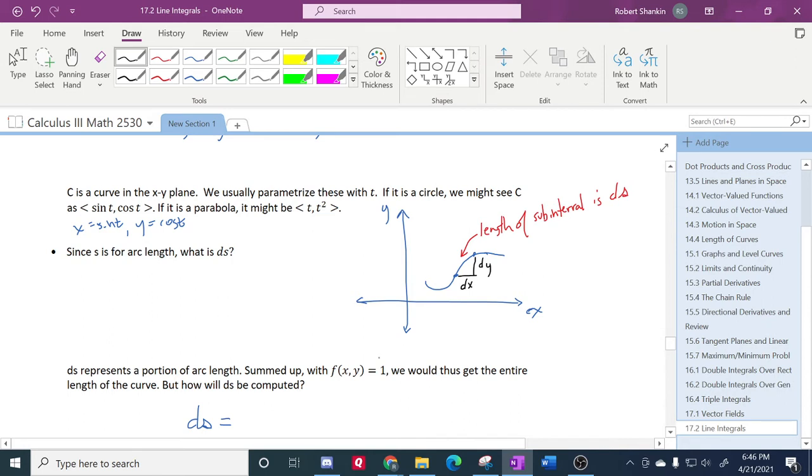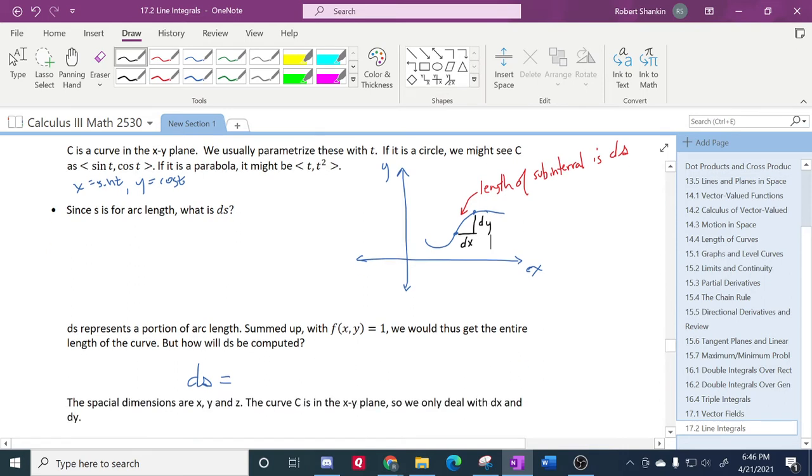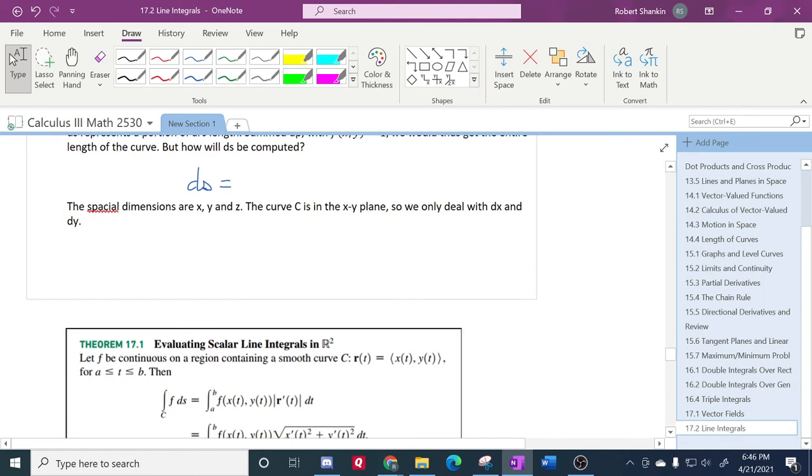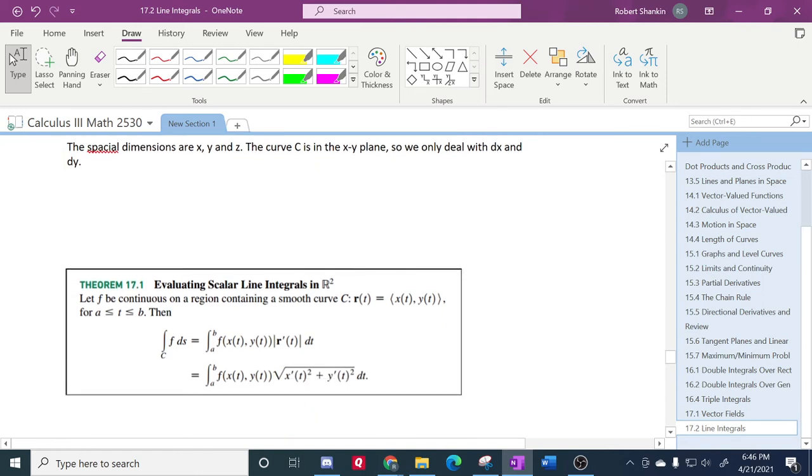Spatial dimensions are x, y, and z. Curve C is in the xy plane, so you only need to deal with dx and dy. And what we wind up doing is taking the ds.